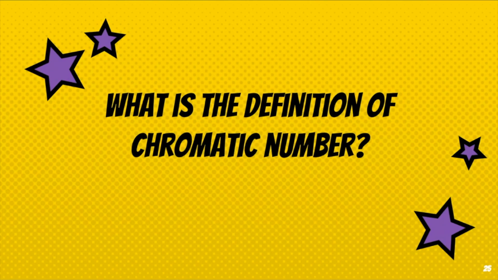We can also define it using graphs. It's the minimum number of colors required to color all vertices so that all vertices that are adjacent have a different color. I'm sorry, the number of colors that vertices are colored so that they have different colors if they have an edge between them, okay? I apologize.